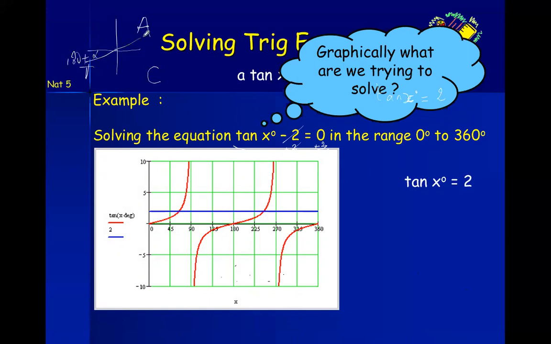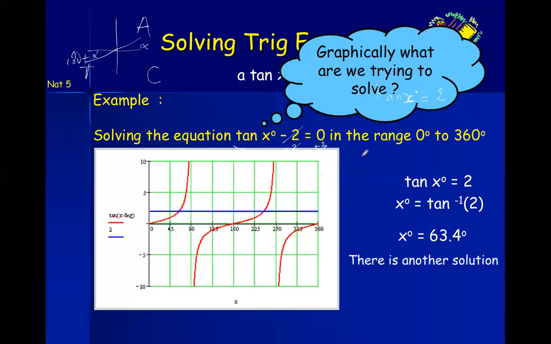Let's find alpha first, or x in our case, because it's both positive. X is inverse tan of 2, which is 63.4, and the other angle you just do 180 plus 63.4, which is 243.4.